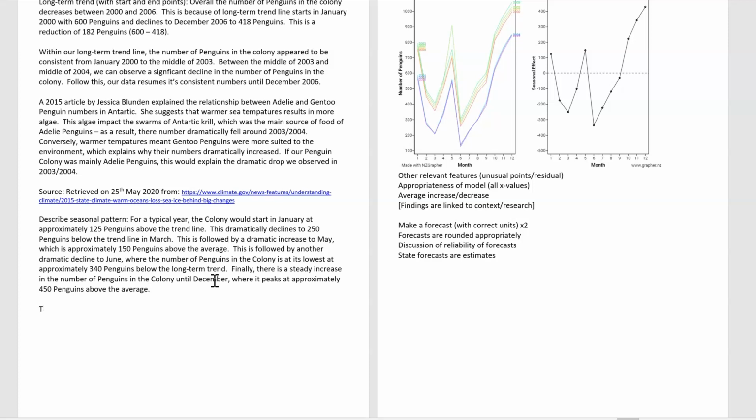And then just going to note, in a given year, we would expect the number of penguins in the colony to be above average, and then we're going to state the months in January, and then the 5th month was May, and then that looks like October, November, and December.